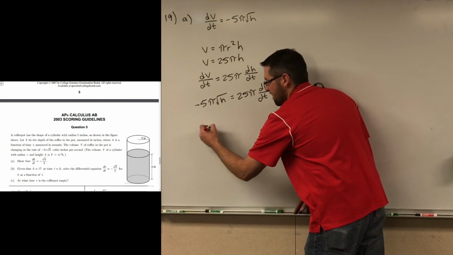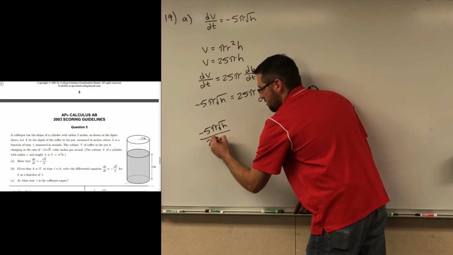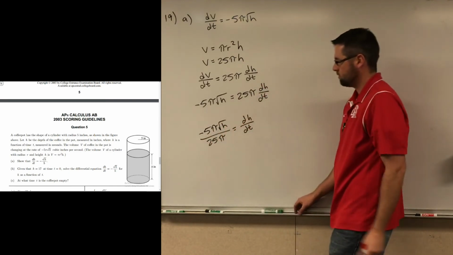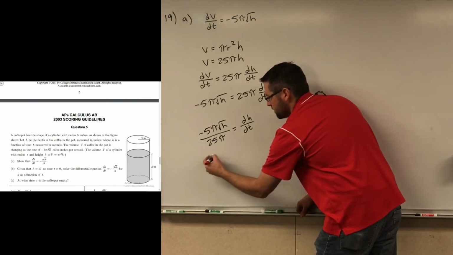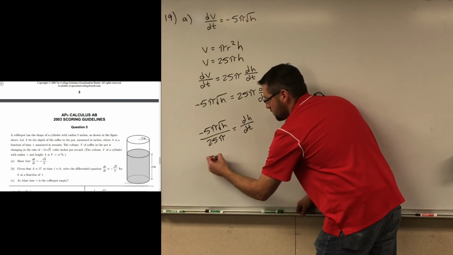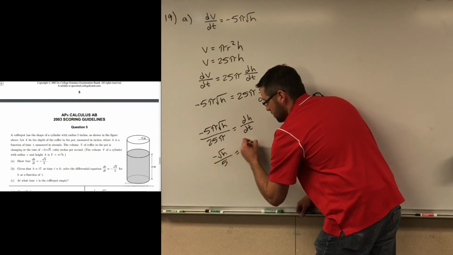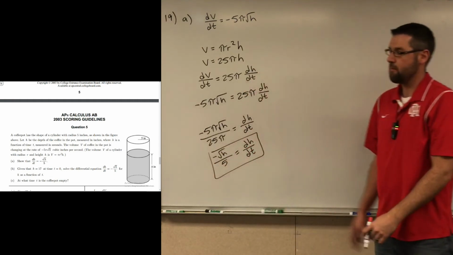So we end up with negative 5 pi rad h over 25 pi equals dH dt. What do you get? Negative rad h over 5 equals dH dt. And that's exactly what we wanted, right?